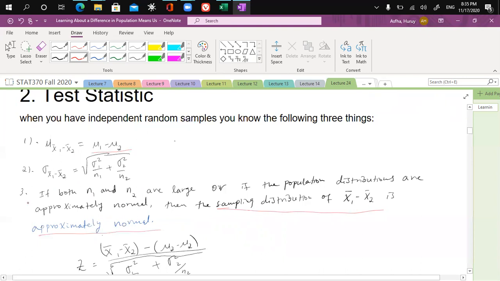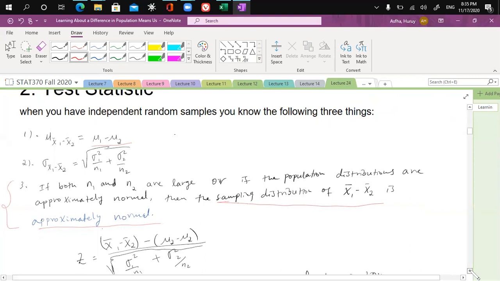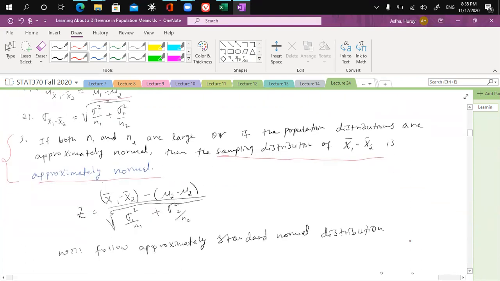Therefore, if we have this satisfied, then we can standardize it, because remember, any normal distribution can be converted to a standard normal distribution with mean 0 and standard deviation 1. That's done by writing z equals the statistic minus the parameter, divided by the standard deviation of the statistic.